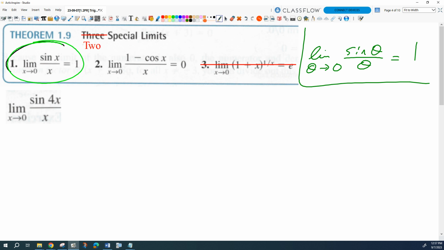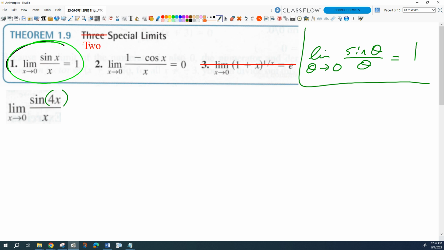Okay, so in the problem we're looking at, what's my theta? What's the angle? What's being fed to the sine function? 4x, right? This is what we call the argument of the sine function. That's what's inside the sine function. So that's my theta, right? That's what's creating the angle.